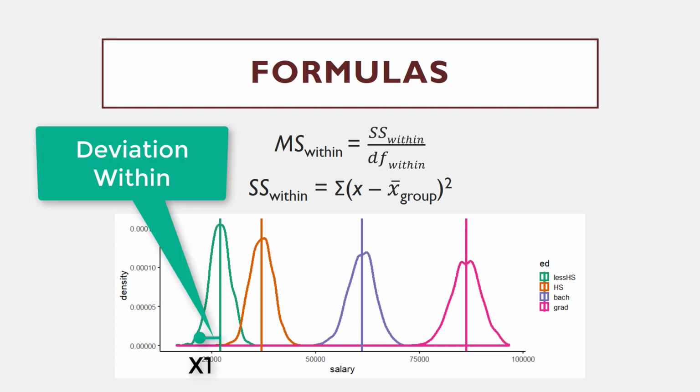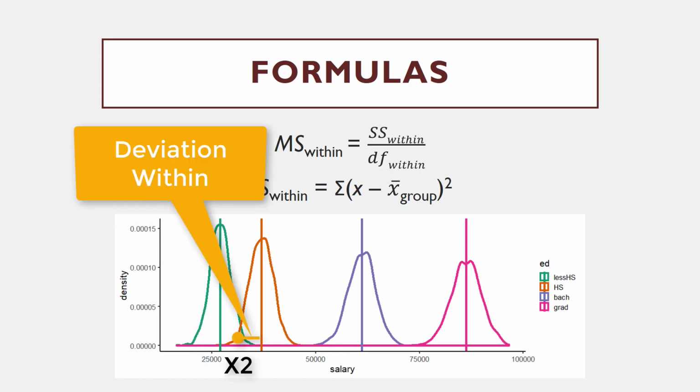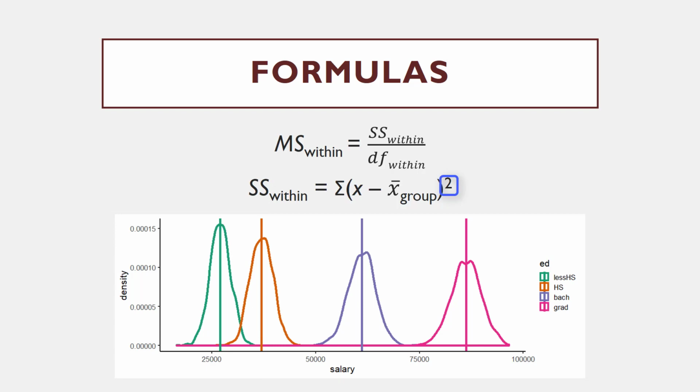So the individuals in less than high school are compared to the mean for less than high school. And then the individuals that have a high school education are compared to that mean. And so we're seeing how far that individual deviates from their mean. We then square it because some are going to be above it, some are going to be below it, just like before. And then we sum all those squared deviations together across the total number of people in our sample.